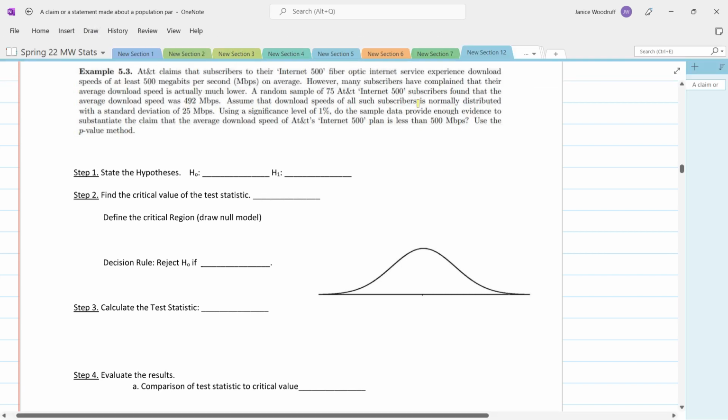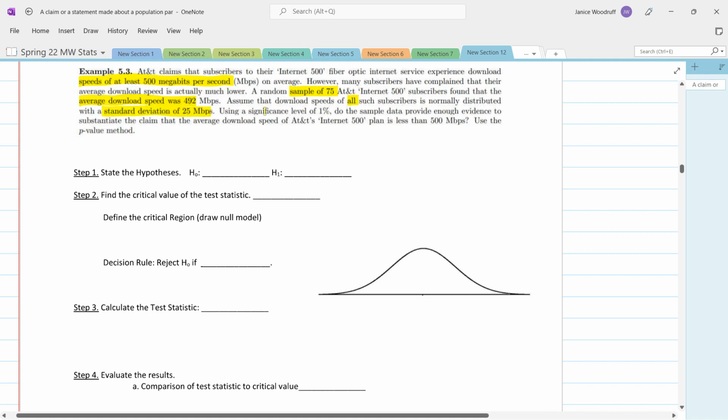What we got here? So we have download speeds of at least 500 megabits per second. That's going to be the mean. The sample size, 75. They found the average of the sample was 492. All subscribers is normally distributed with a standard deviation, 25.